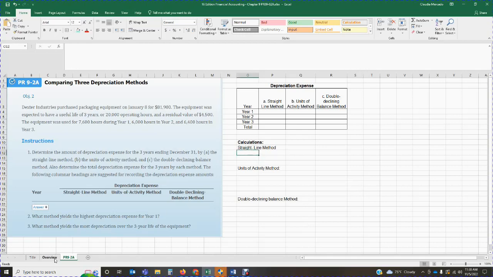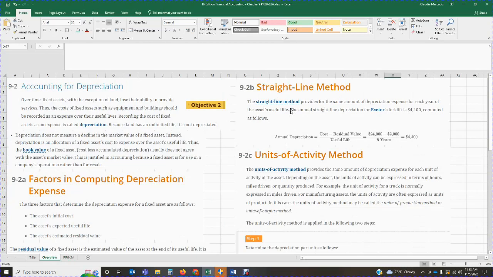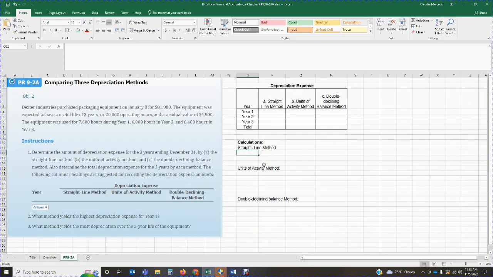Let's go back and review the straight line method. For the straight line method, we're going to get the cost minus the residual value over the useful life. In this particular case, we've got the cost of $81,900 minus the residual value.